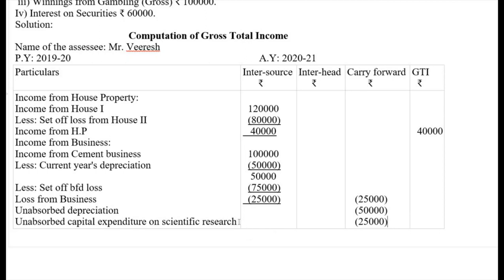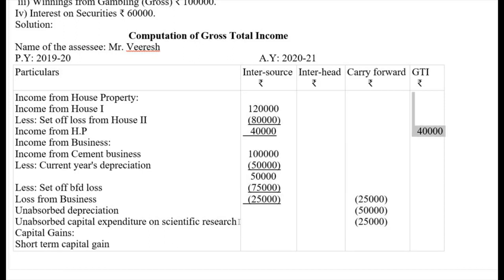Then the next head comes here, capital gains. So in the capital gains, there is a short-term capital gain. So directly we shall take it to GTA column here.